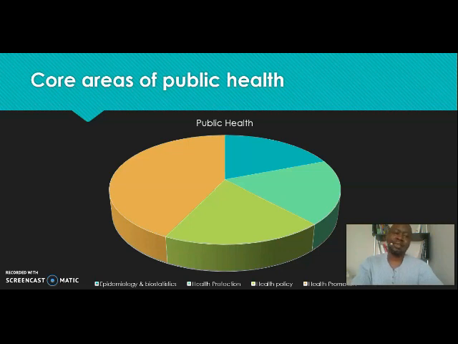So these are the four core areas of public health. And if you would break down public health into a pie chart, you would have those four equal parts.